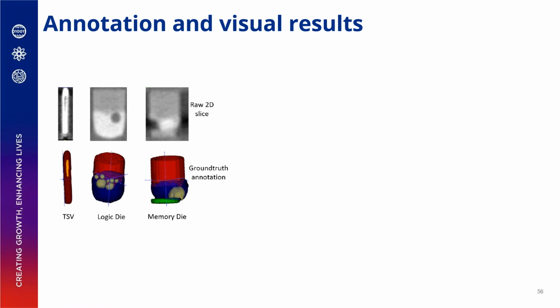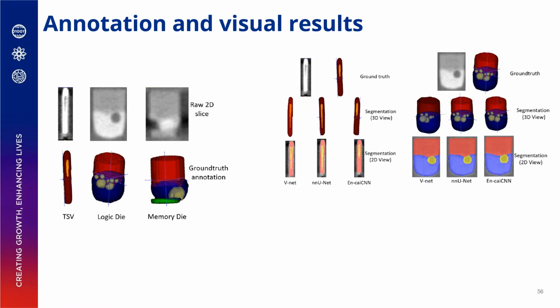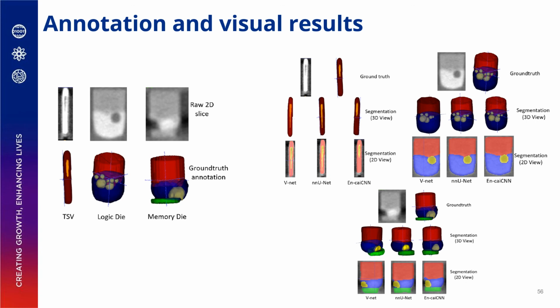So again, I just wanted to show these results before I go into the numerical results. Visually, most of them look very similar over here. However, if you focus a bit more, your ground truth void detection is basically the void area over here, and our network is able to detect this void correctly, while VNet and NN unit kind of over identify this void region inside the TSV.